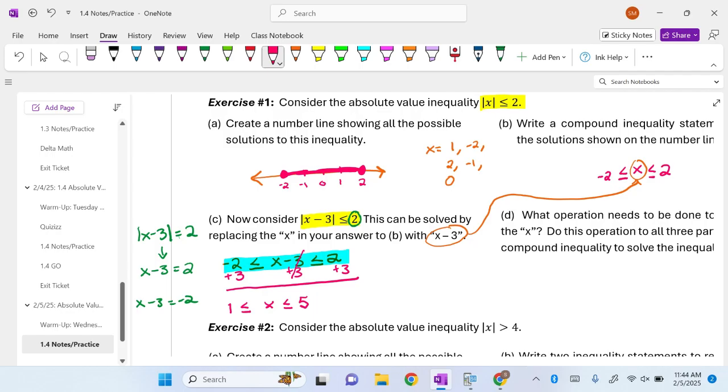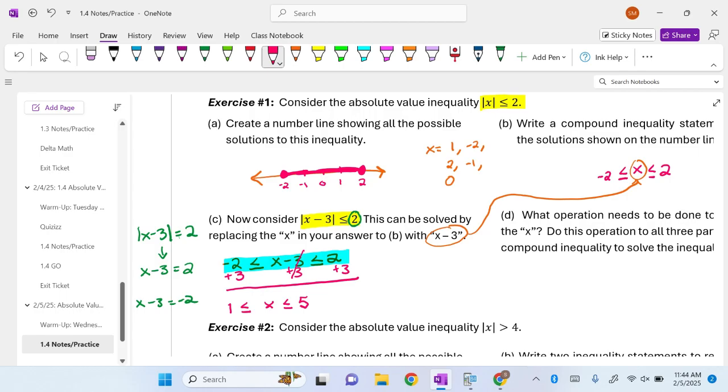So that means that any number between 1 and 5, we could plug in for x, and we would end up with a number less than 2 if we took the absolute value of that number. So let's just check ourselves. What's 1 minus 3? Negative 2. What's the absolute value of negative 2? 2. Is it true that 2 is less than or equal to 2?